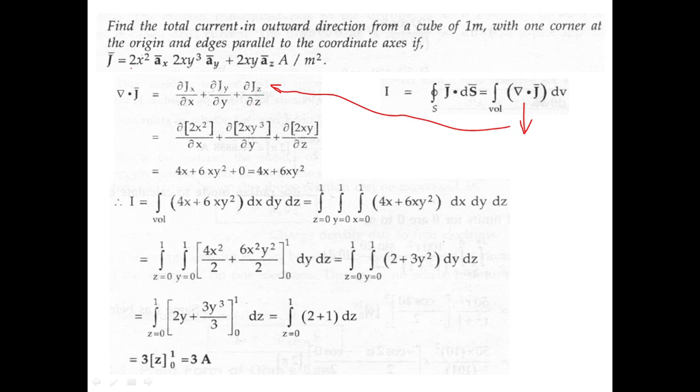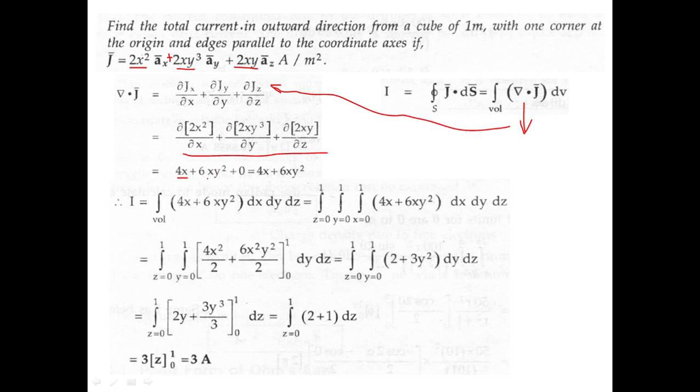Now this is jx, whatever is there with ax cap, and here we have one plus sign which is not printed, and here this will be jy and this will be jz. So just substitute in the formula. When you solve this one, dou by dou x of 2x square, 2 will be constant, x square will be 2x, so 2 into 2 will be 4, so it will be 4x. So here 2x is constant, y cube if you differentiate with respect to y, you will get 3y square.